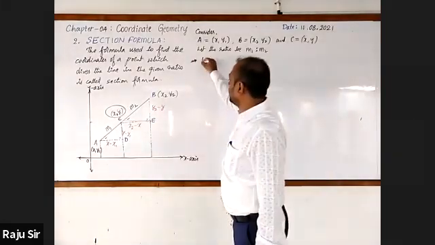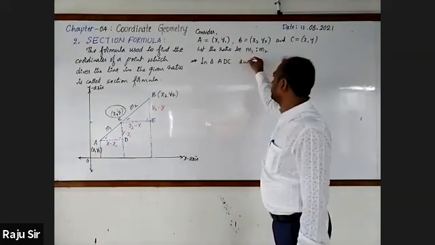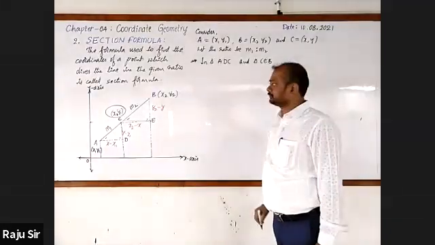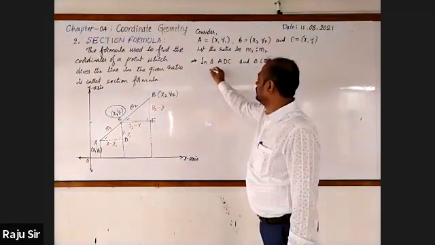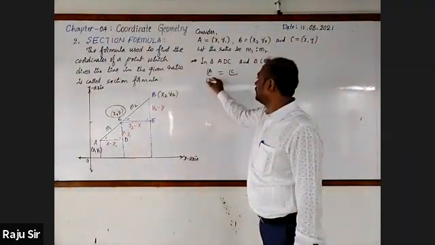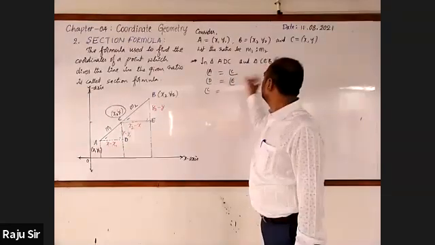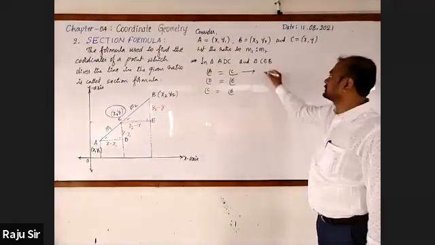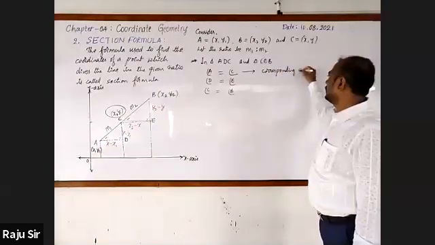In triangle ADC and triangle CEB, angle A equals angle C, angle D equals angle E, angle C equals angle B. Here, for the first one the reason is corresponding angles.